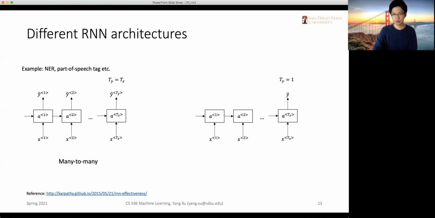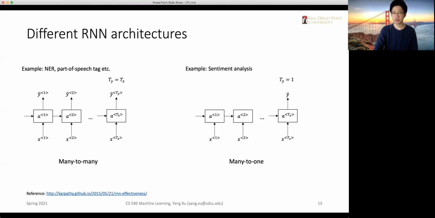The second type of architecture is the many-to-one, which means that for the time steps before the final time step, we don't need an output. We will just need the output from the last time step, because the task just requires one output.